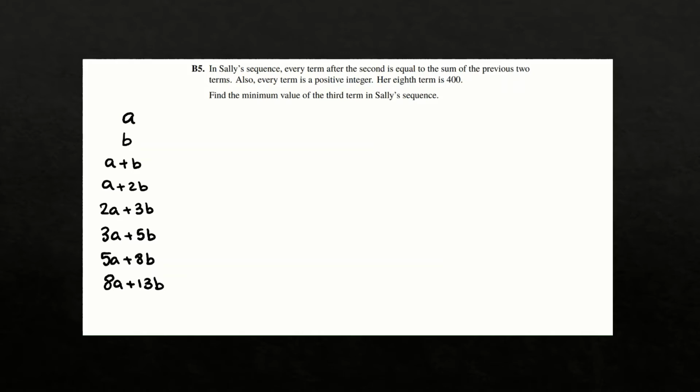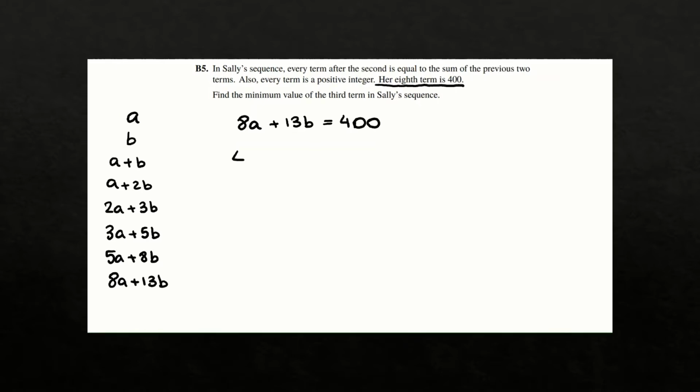Now we know from the question that Sally's 8th term is 400. This means that 8A plus 13B equals 400. Now we know that both 400 and 8A are divisible by 8.